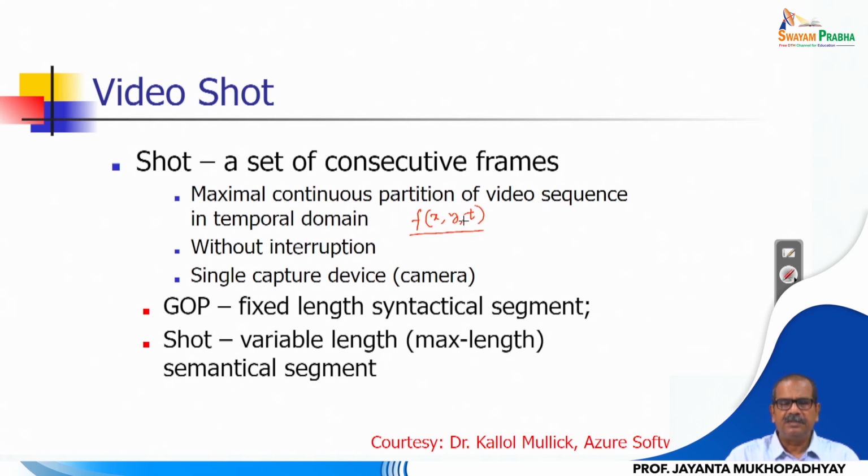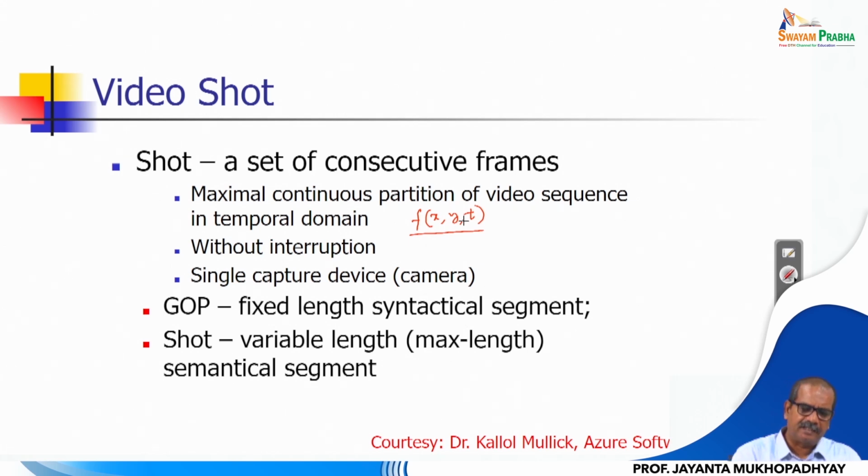So that is why we consider it a maximal continuous partition of the video sequence. Then, without interruptions, as I mentioned, from the operator's point of view, it's the operator's specific handling, specific setting of the parameters on which the video is being captured, and it's a single capture device for a shot. There could be multiple cameras, but when we are considering a shot, all the sequence of frames have been captured by a single device with its single parameters.